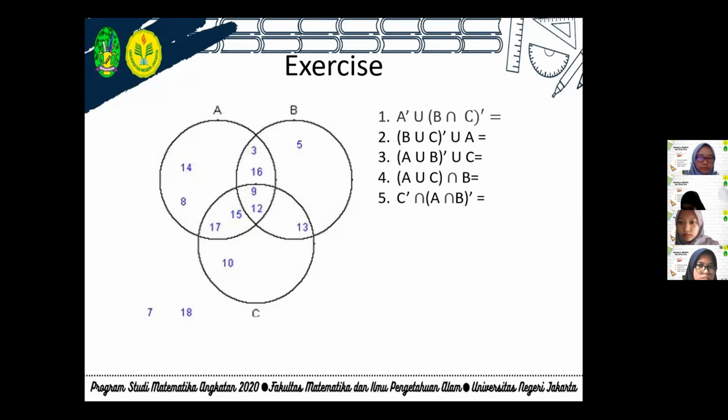Can I try number 1? Yes, of course. The answer is 5, 13, 10, 18, 7, 3, 19, 15, 17, 8, and 14. I'm sorry, could you repeat your answer? Yes.